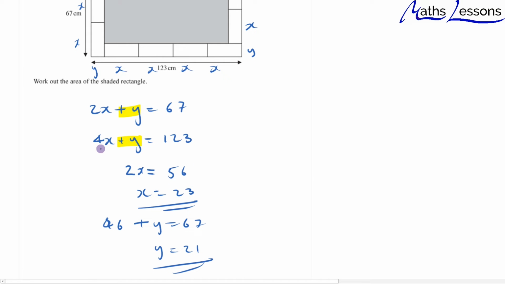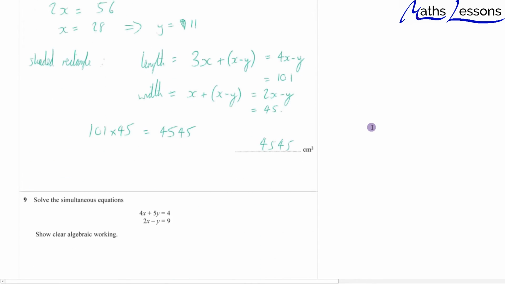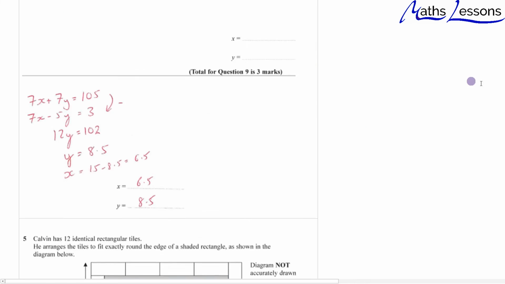You always check all simultaneous equations by substituting into the other equation. So we've got 4 times 20 plus 20, that equals 80 plus. Oh, x is 20.